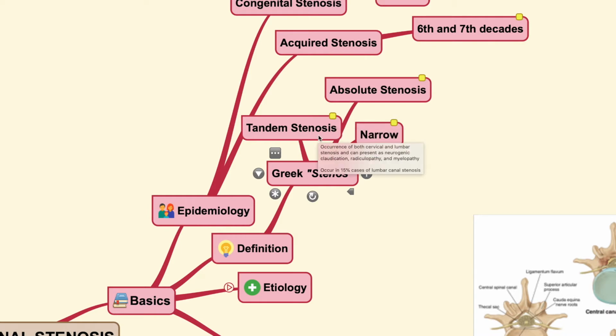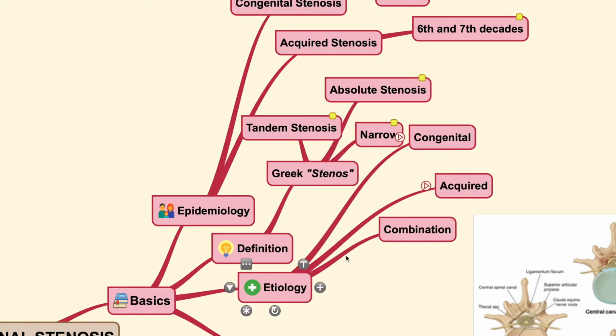And if there is an occurrence of stenosis at both the cervical and the lumbar region, and it could present as neurogenic claudication or radiculopathy or myelopathy, we call that a tandem stenosis. Basically, it is stenosis over at two different regions, lumbar and cervical. Usually this occurs in around 15% of all lumbar canal stenosis cases.